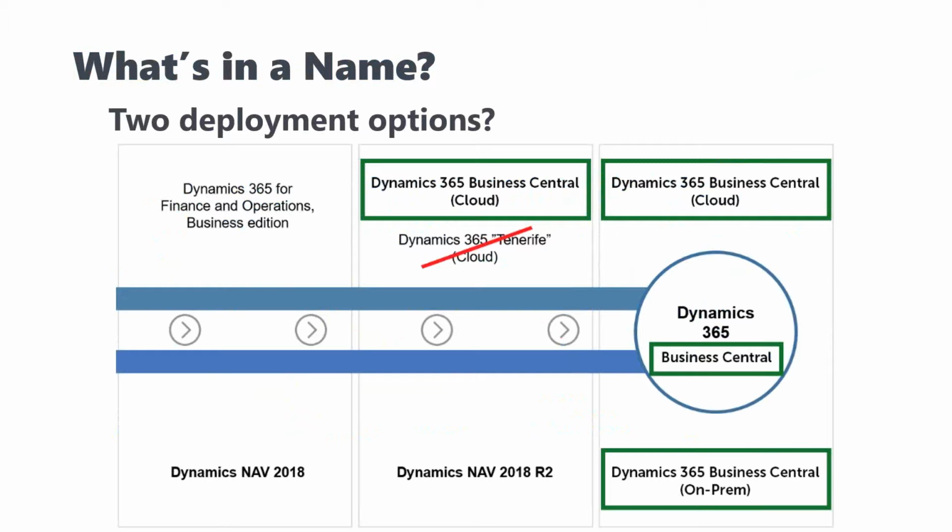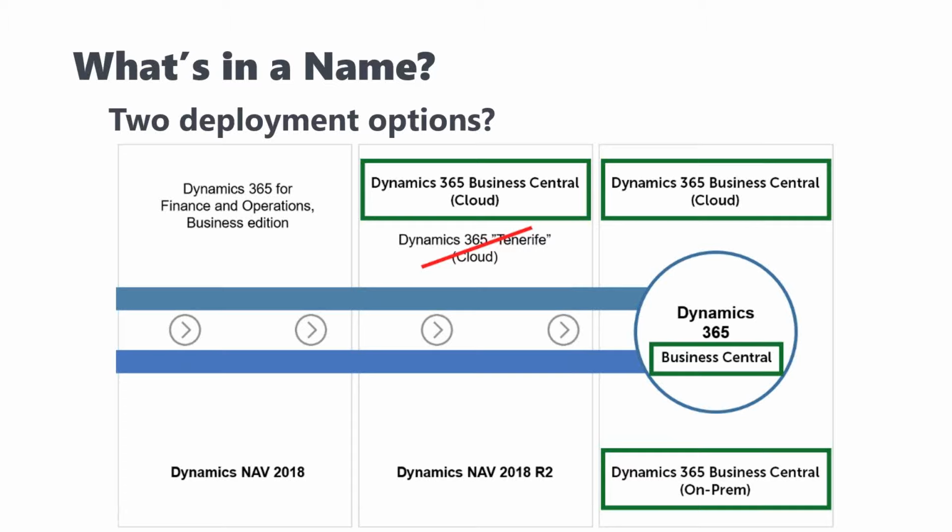Now, at this point, if you look at the bottom of the screen here, this is where you see NAV 2018 and NAV 2018 R2, and then it becomes Dynamics 365 Business Central on-premise. However, there's also a cloud version available of the same product. This started off back in 2018 or earlier as Dynamics 365 for Finance and Operations Business Edition.